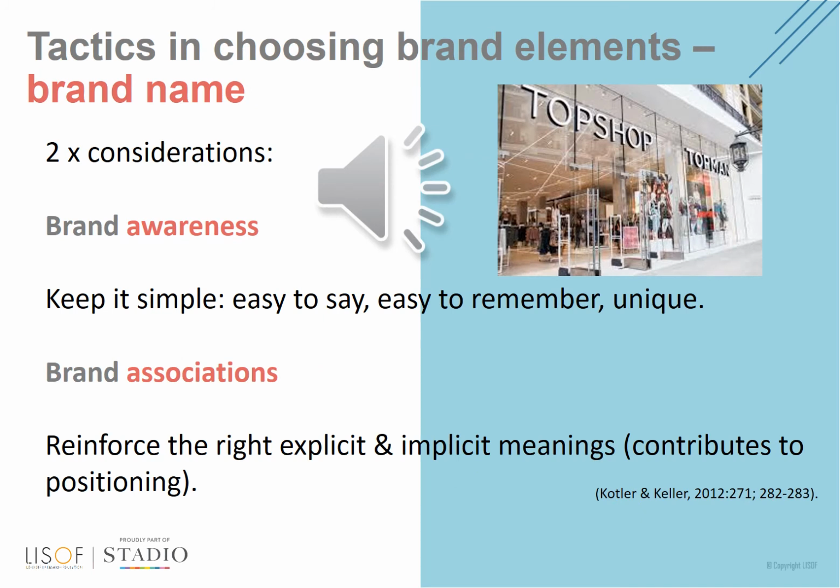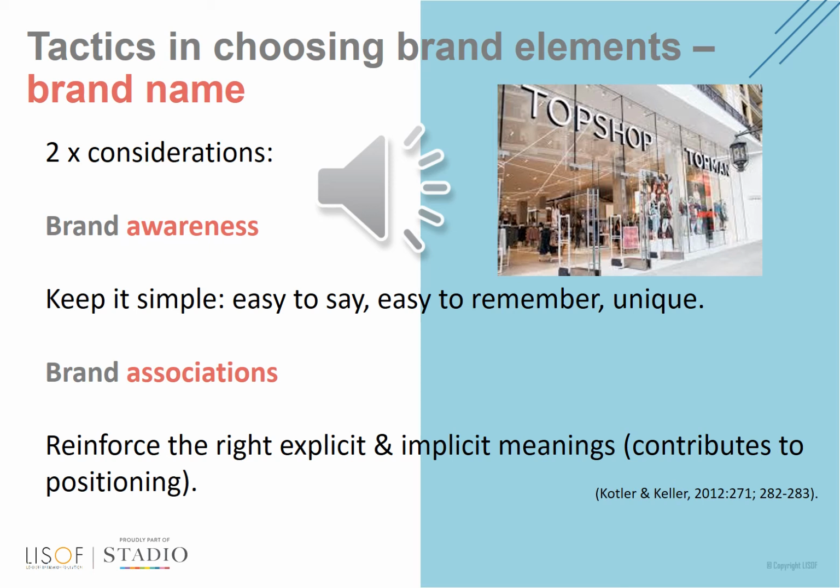So firstly, in terms of the brand name, there are two key considerations: brand awareness and brand associations. So when we are choosing a brand name for brand awareness, we want to keep the name simple, easy to say, easy to remember, and unique, helping us to stand out from our competitors.